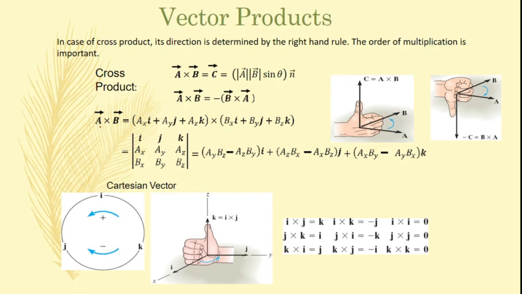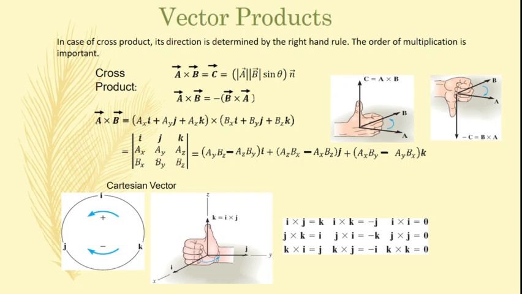If we write the A vector as AX i plus AY j plus AZ k, and B vector as BX i plus BY j plus BZ k, and if we take the cross product between these two vectors, then we can write in determinant form, that is i j k, then AX AY AZ, and here BX BY BZ.